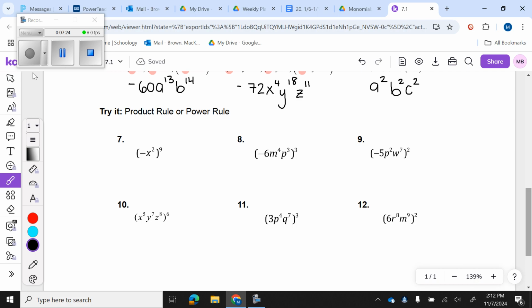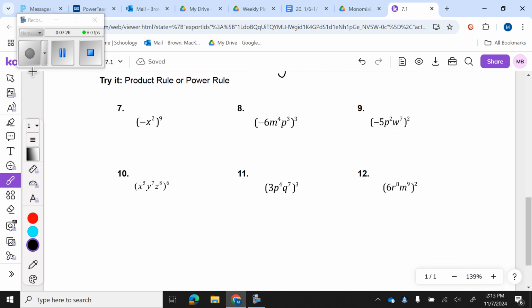All right, go look at number 7. Again, these are all power rule because they're all being raised. So you're going to raise your coefficients and multiply your exponents. It's almost like you're distributing.